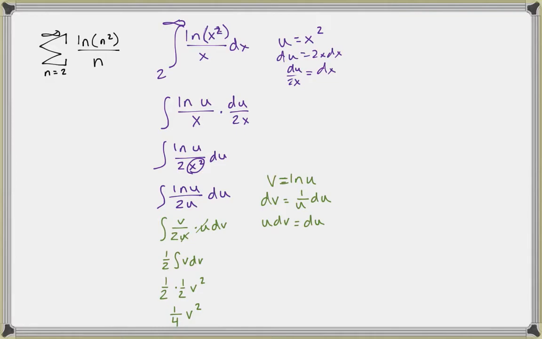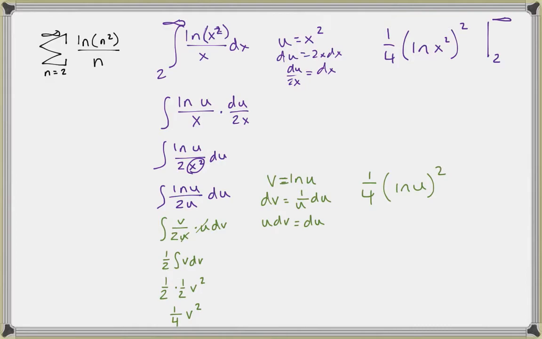So now I'm going to start plugging things back in. So that would be 1/4 of the natural log of u squared, but then that would be 1/4 of the natural log of x squared, and that's squared, and then we were evaluating this between 2 and infinity.